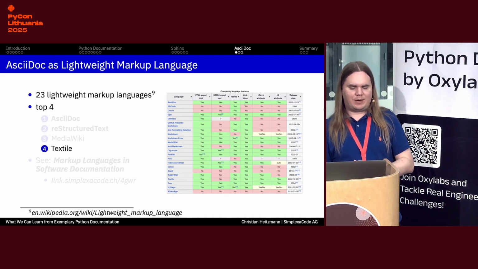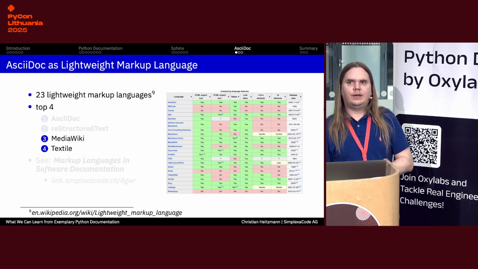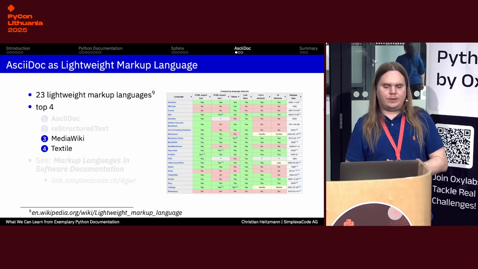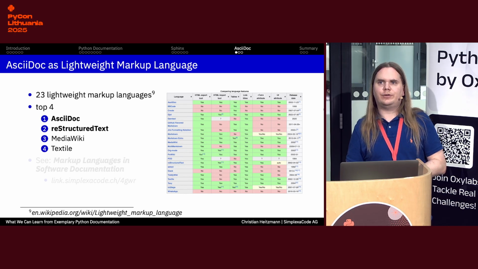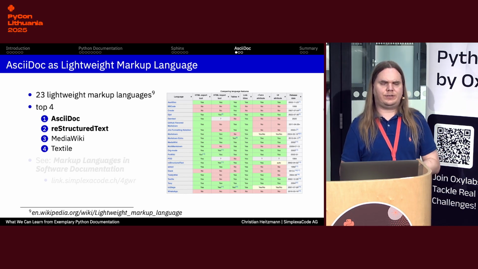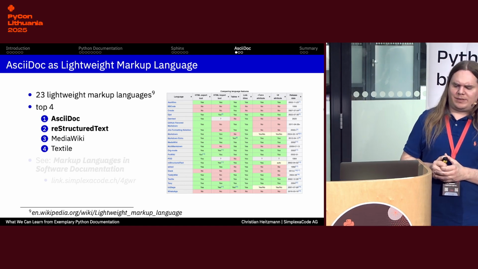And then I came up with this top 4: Textile. You probably had never heard of Textile, but it's pretty cool. MediaWiki, that's the notation you use if you edit Wikipedia. Perhaps you've done it once. Then reStructuredText, which we talked about now, and AsciiDoc, which I think is even cooler than reStructuredText. reStructuredText is kind of nerdy, kind of clumsy sometimes.